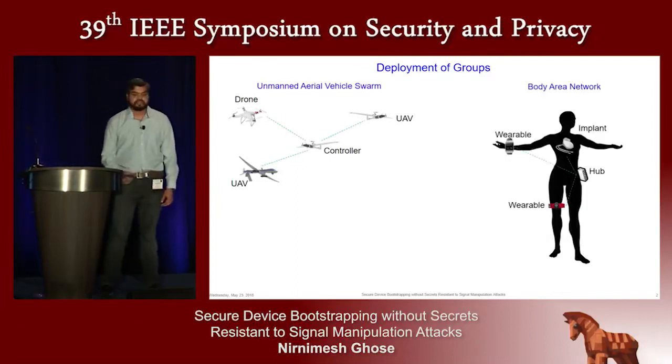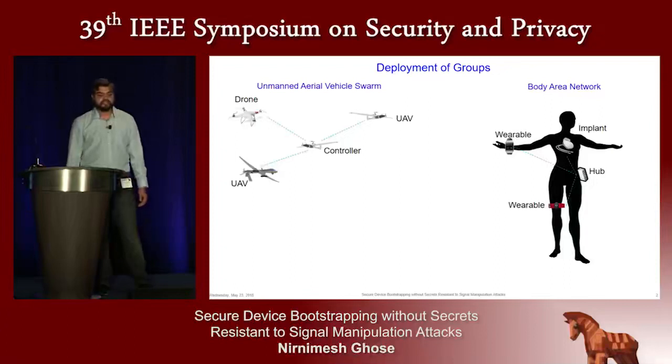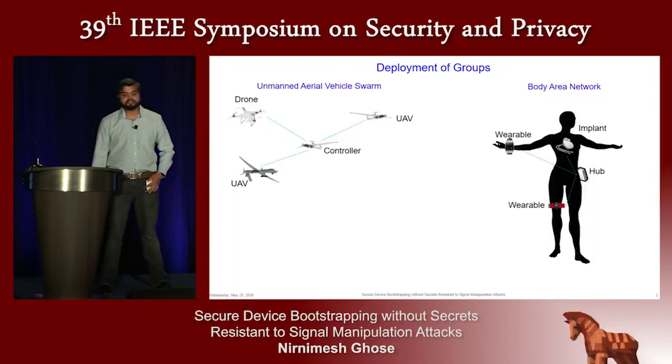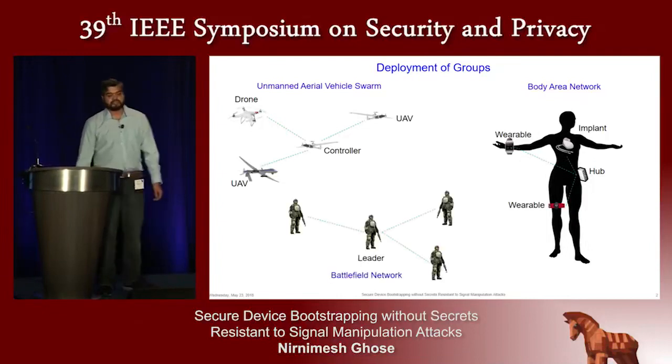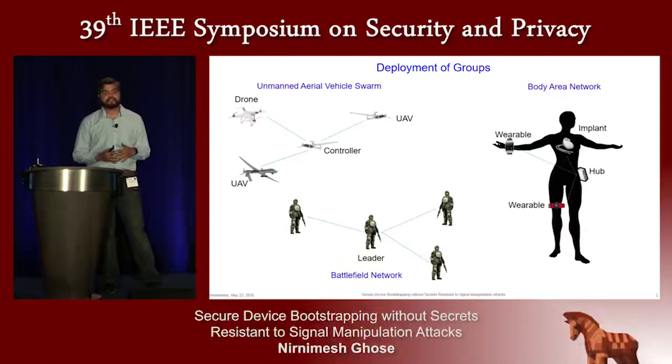In a body area network, a user may initiate wearables which are connected to a centralized hub, and this is done sequentially in very short time. Or in a battlefield scenario, a group of soldiers who are deployed in an ad hoc team connect to each other and have to be deployed simultaneously.